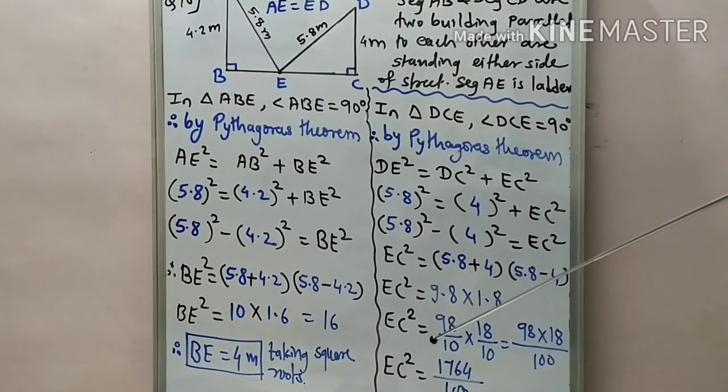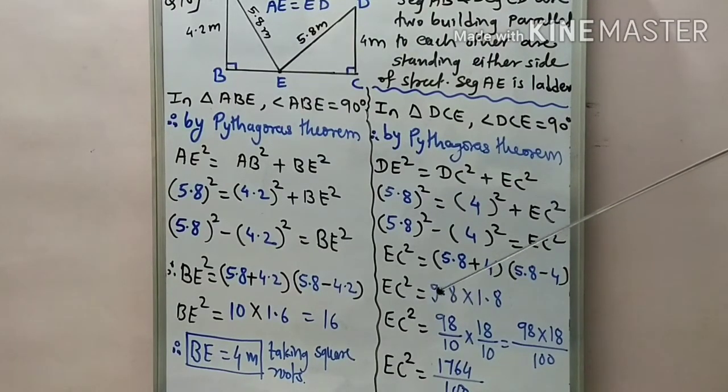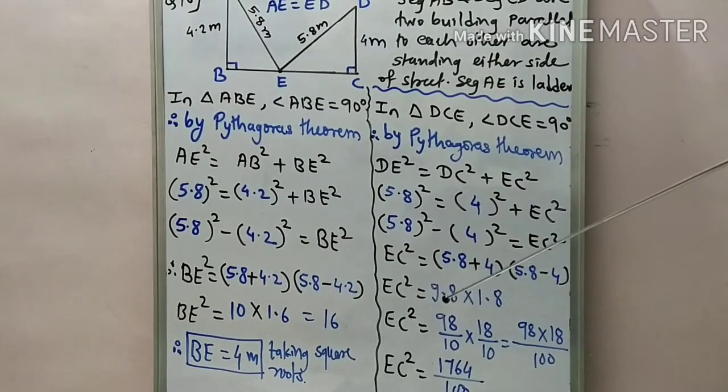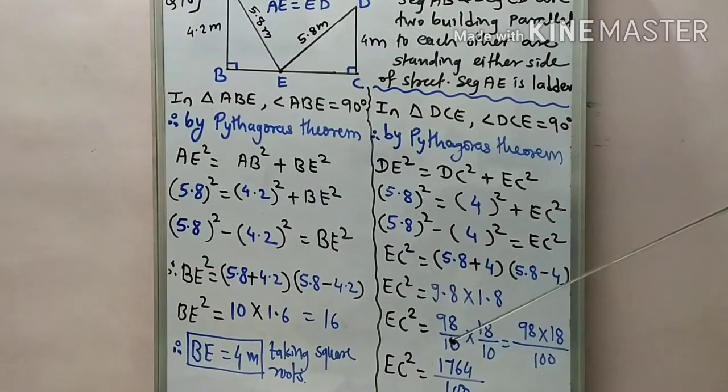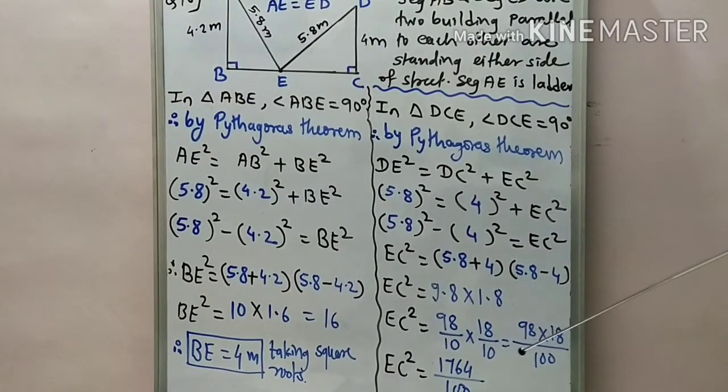So the next step: EC square equals, we change this 9.8 into integer form as 98 and divide it by 10, 98 upon 10, into 1.8 as 18 upon 10. So 98 into 18 upon the product of the denominators, 100.